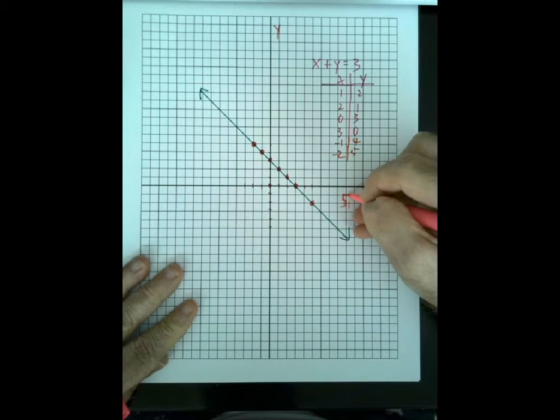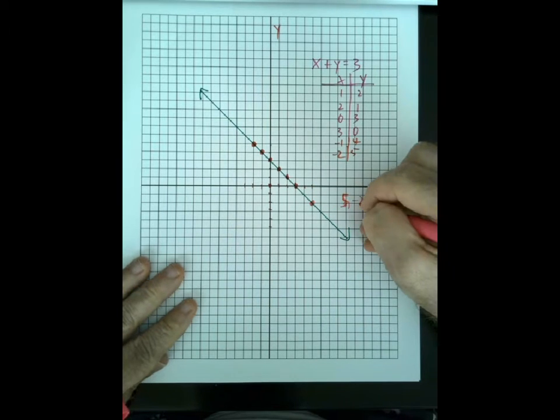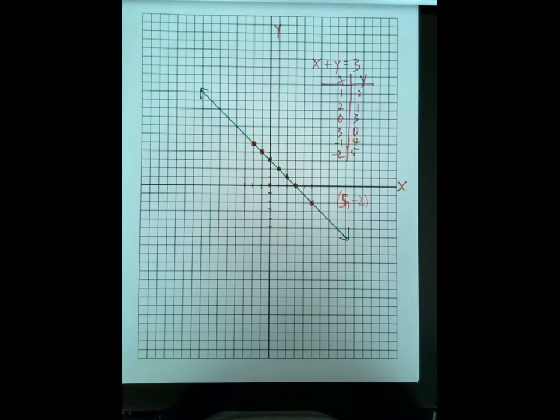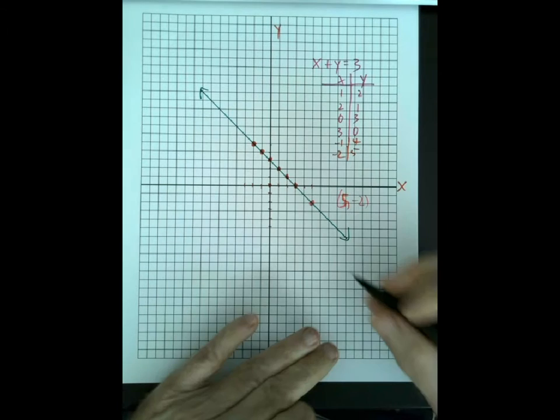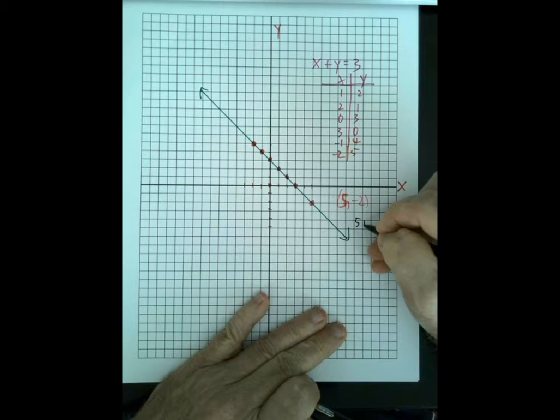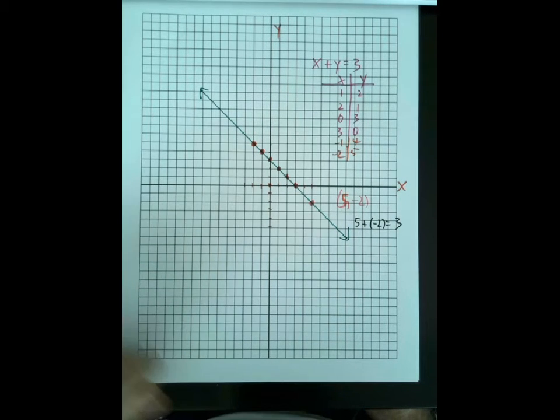And its y number goes down 2, so its y number is negative 2. Now, if you plug 5 in for x and negative 2 in for y in the equation, you should see 5 plus negative 2. That's the same thing as 5 minus 2, which comes out to be 3. Right? That's how that works.